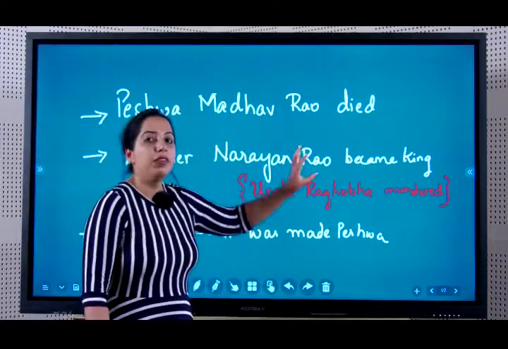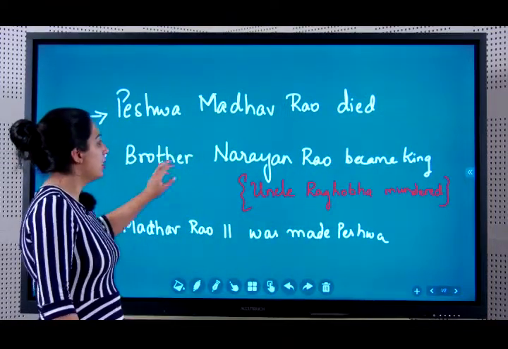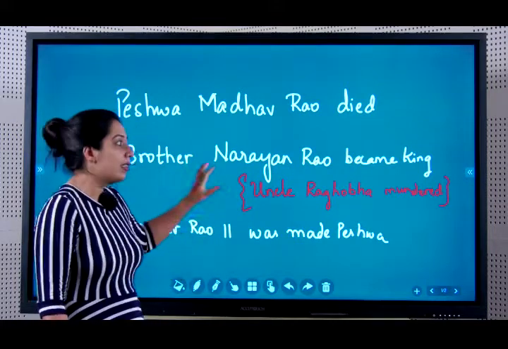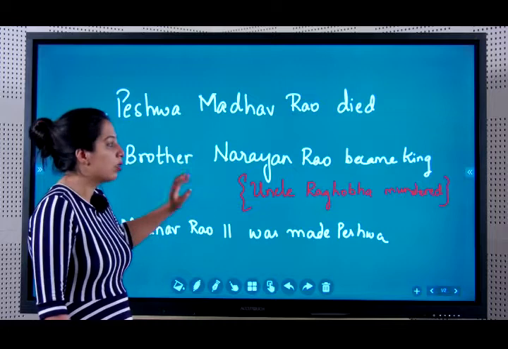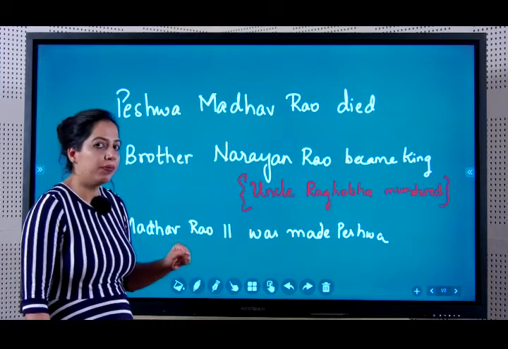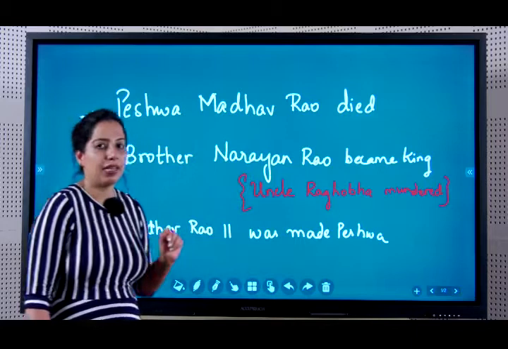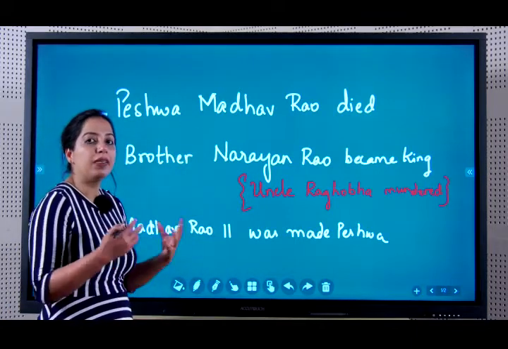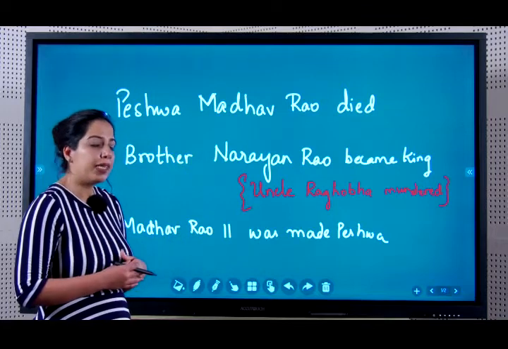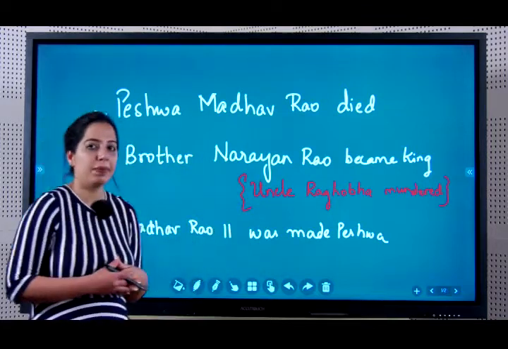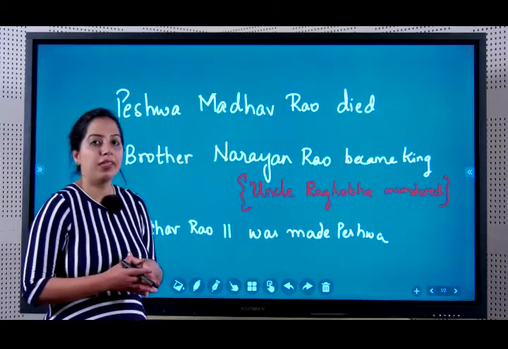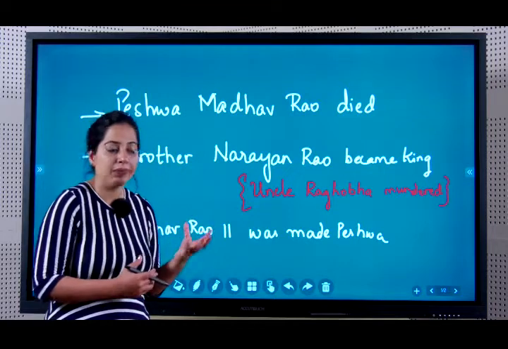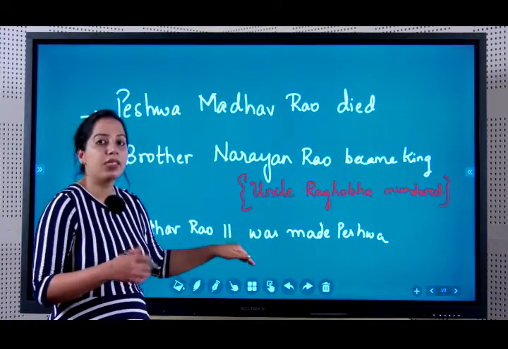Then let's look at what happened. Peshwa Madhav Rao died. Because of this, his brother Narayan Rao became the king. But Narayan Rao was opposed by his uncle Raghoba, and Raghoba killed Narayan Rao. So Madhav Rao II was made the Peshwa. Who became upset? Raghoba became upset. So what happened? Madhav Rao died, Narayan Rao was made the king, but his uncle Raghoba killed him, and Madhav Rao II was then made the Peshwa.